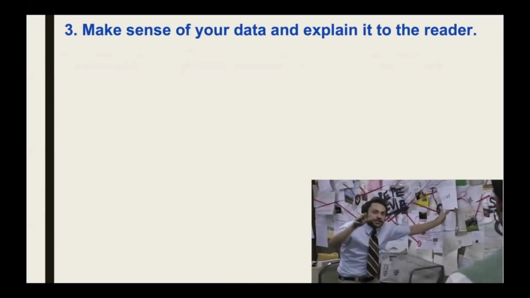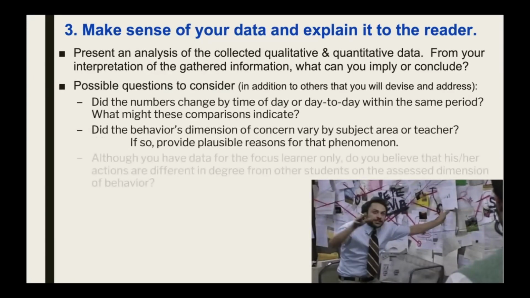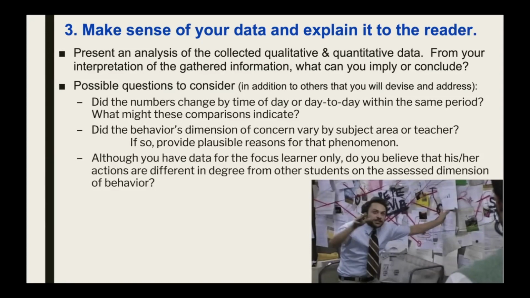Then you're going to make sense of your data. You're going to explain it to the reader. Both the quantitative data, the numbers, and also what you know about the student, other information, the qualitative, and some questions you can consider you will find there.